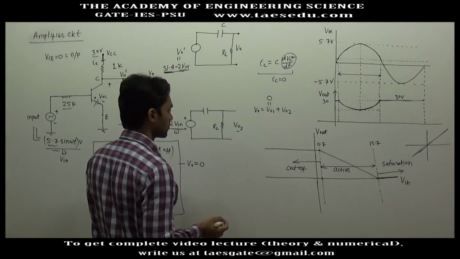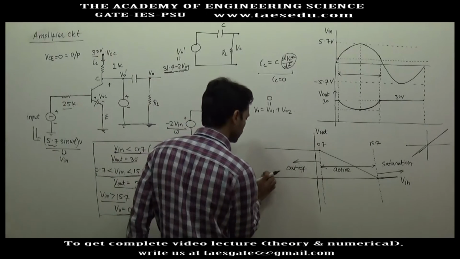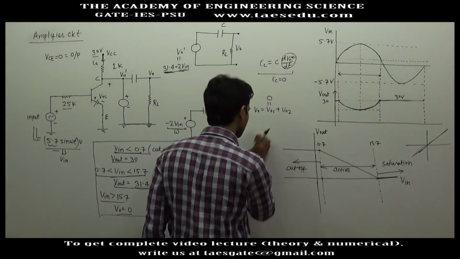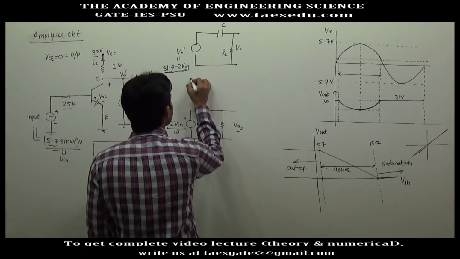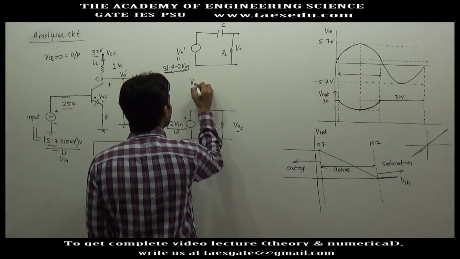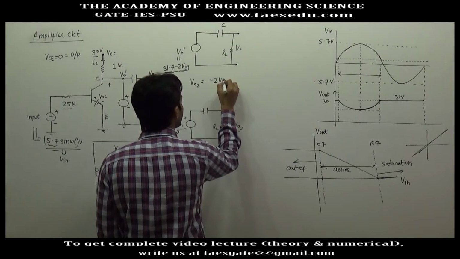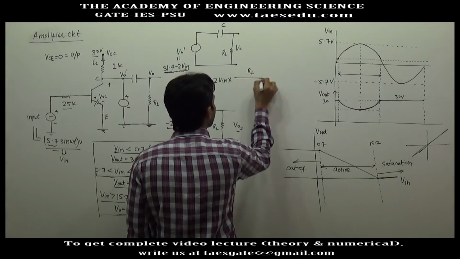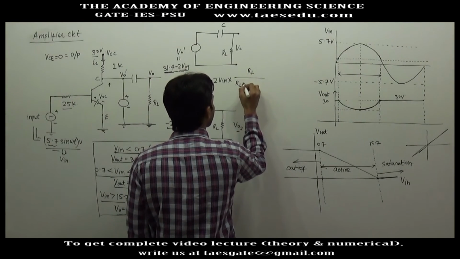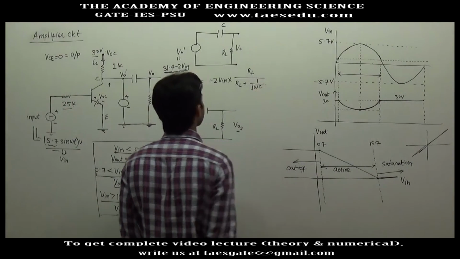Now we can find the output voltage with the help of the voltage division rule. We will say the output voltage V02 will be minus 2V input into RL divided by RL plus 1 upon j omega c.